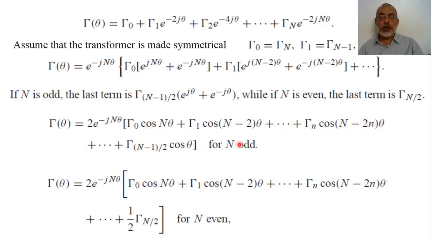If n is odd, the last term would be gamma (n minus 1) over 2 multiplied by cosine theta. If n is even, the last term would be half gamma n over 2. Okay?